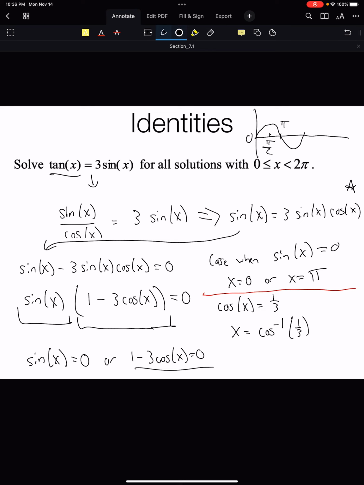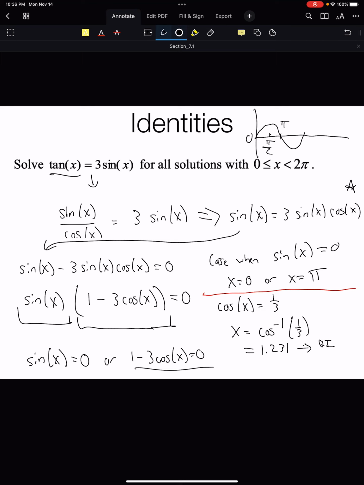Okay, and so inverse cosine of 1/3 is equal to, roughly, when you do it on the calculator, 1.231. Okay, 1.231. Now these are all in radians. Okay, so 1.231 is going to be in the first quadrant. So this is our answer in quadrant 1. But we also have a second one.